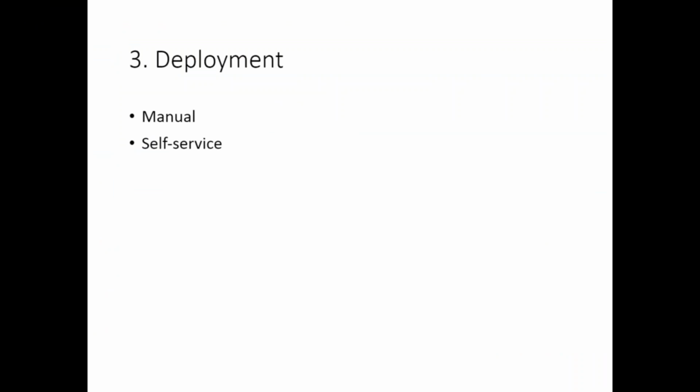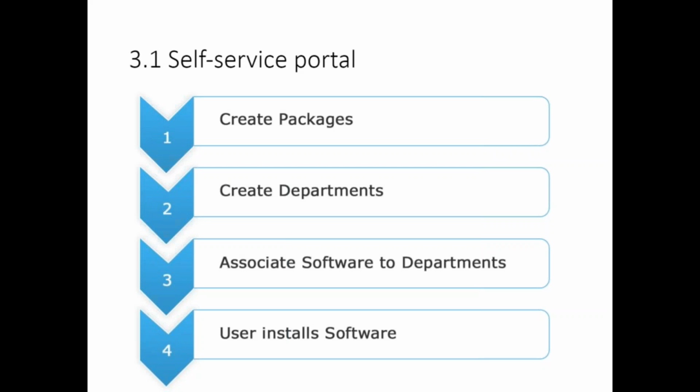Next thing is the self-service. The self-service portal is handy when you want to publish a list of applications to the end user. In this feature, the end user will have the list of apps and the provision to download the application and install it on their own without contacting the IT department or administrators.